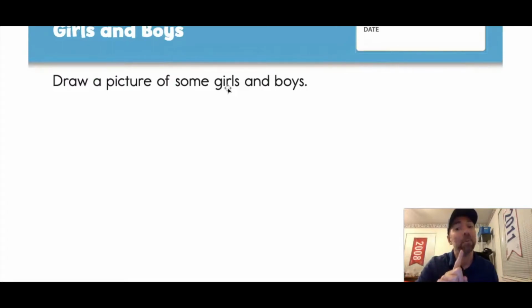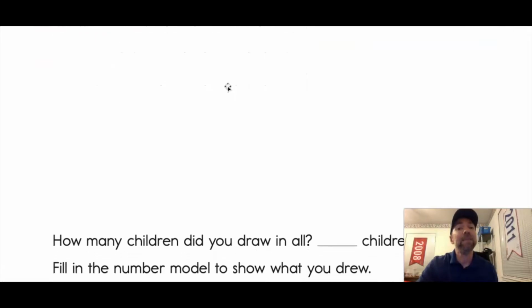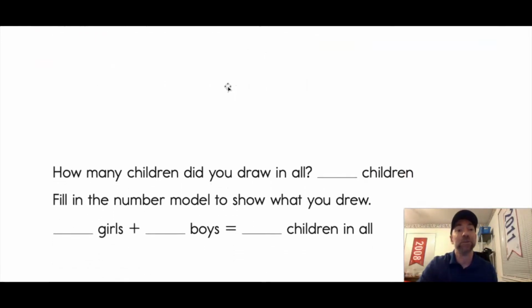When you're done drawing your picture, if you keep going down that journal page, it's going to ask you, how many children did you draw in all? And you're going to write that number.